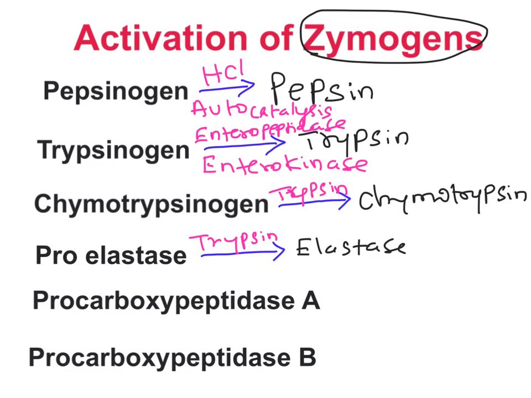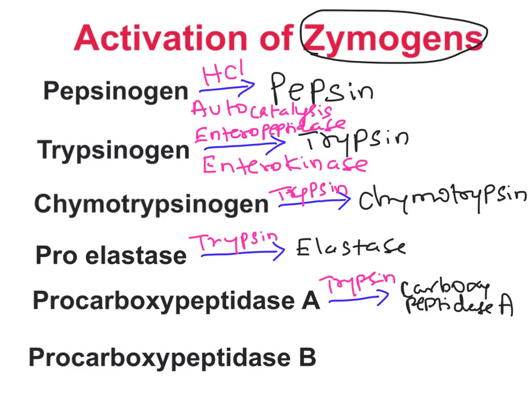Our fifth enzyme here is procarboxypeptidase A. Procarboxypeptidase A is converted into its active form, carboxypeptidase A, and this activation is done again by trypsin.